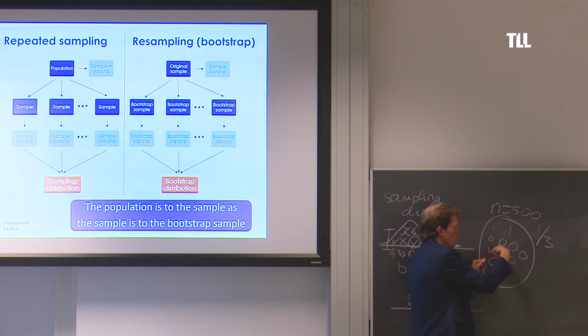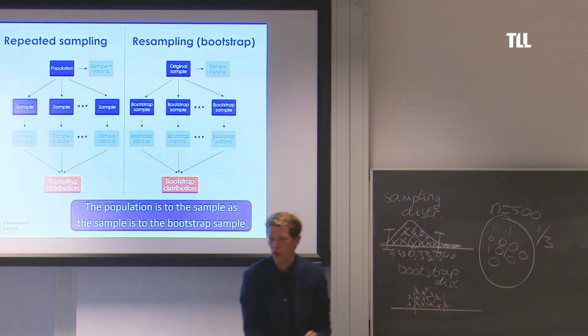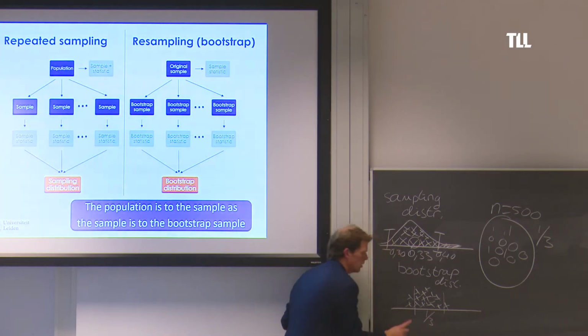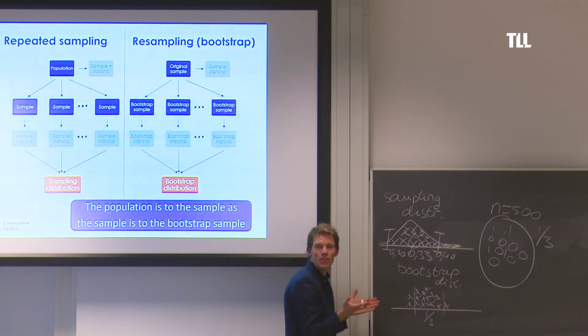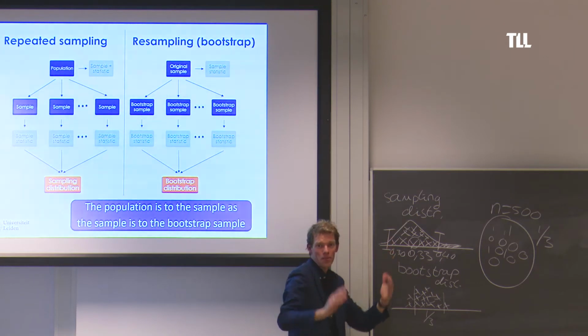And what happens when I draw random samples with replacement, again of 500 from this, I get again a distribution around 1/3, but with some margin of error. And that margin of error is what I'm interested in inferential statistics, right? I want to have an interval estimation, so I need a margin of error.